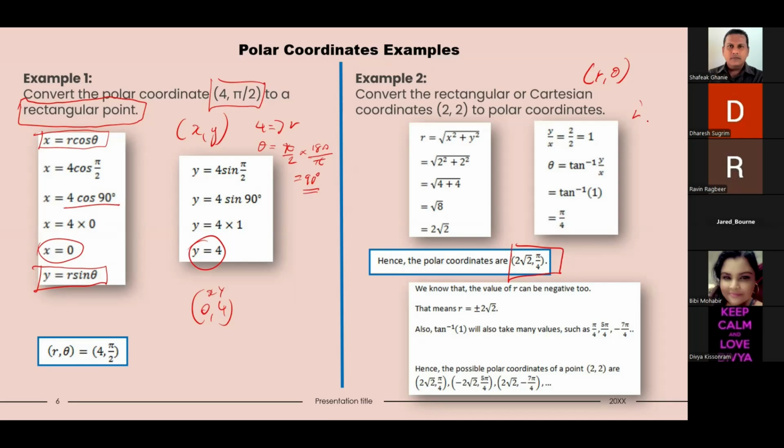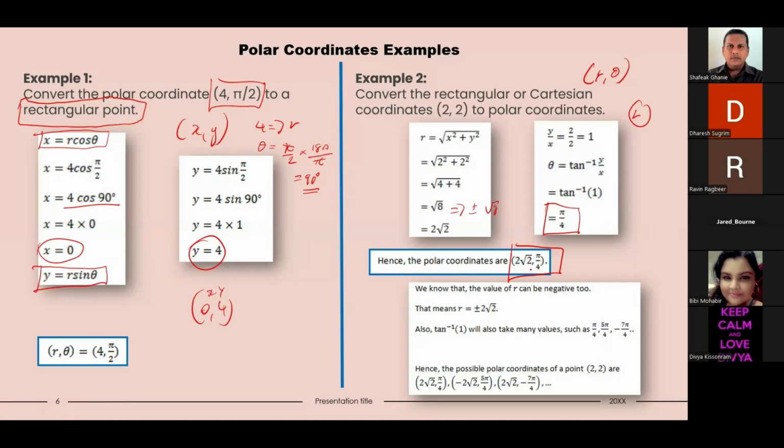But r could be a negative number, right? It could be plus or minus, and there are an infinite amount of angles that you can get because the cos and the sine curves are continuous curves that go on forever, so you can have an infinite amount of angles that you can pair it with, right?